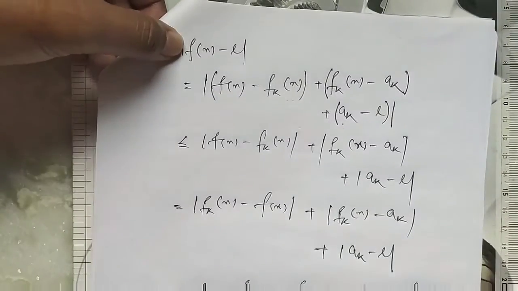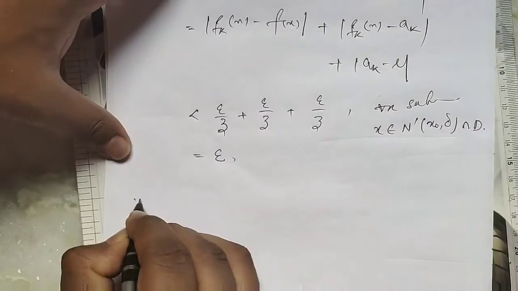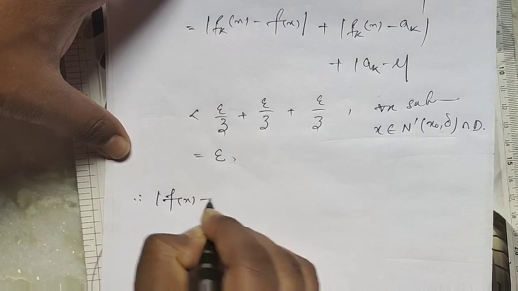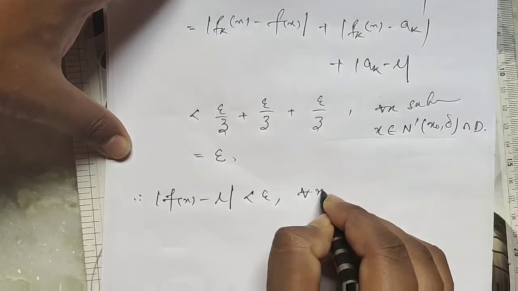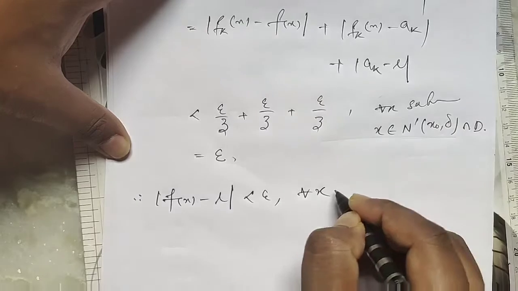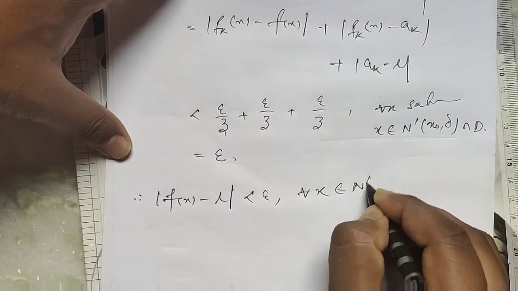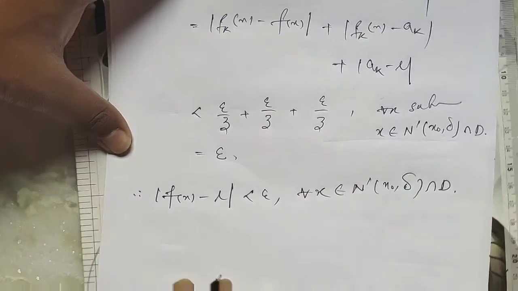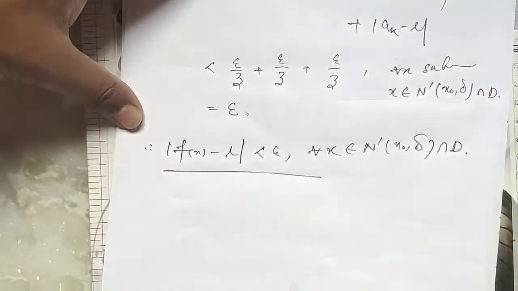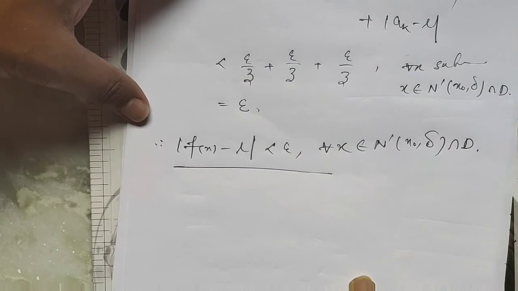So this is equal to epsilon. Therefore, mod of f(x) minus L is less than epsilon for all x satisfying this. This is true for every epsilon.